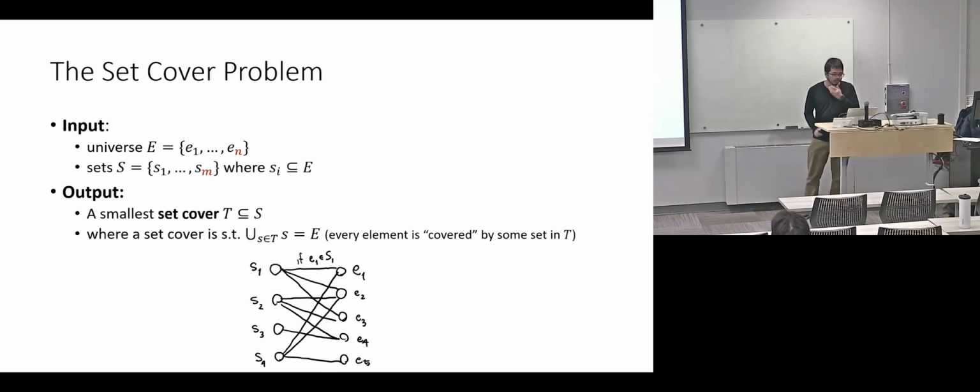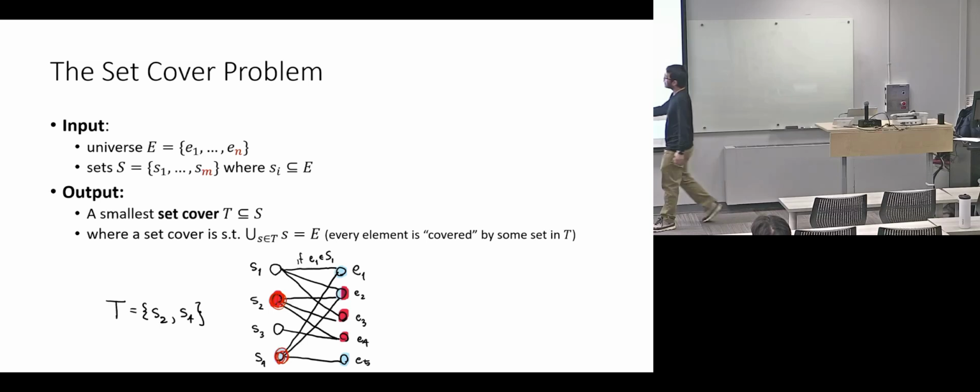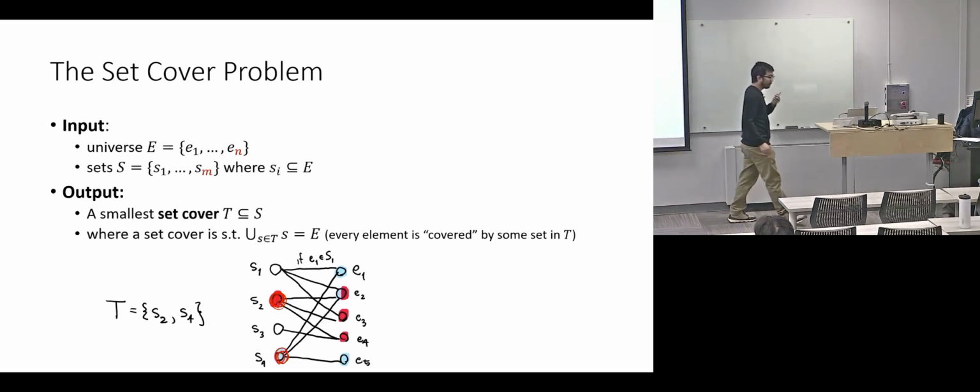And the question of finding a set cover here is just to choose nodes on the left so that every node on the right is a neighbor of some chosen node on the left. So these two nodes form a set cover.